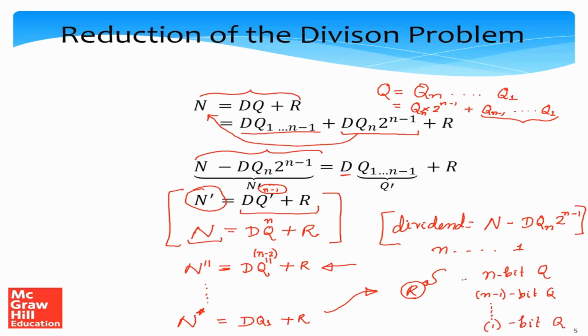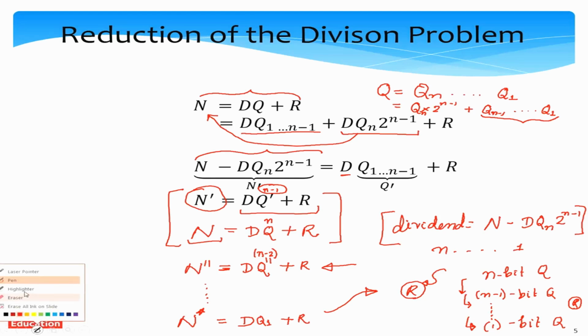So at every stage, we are making the problem slightly smaller and slightly simpler. Till at the end, we need to compute a single bit, and finally, we'll be left with the remainder. So this sounds like a good plan. It is just that the secret sauce is missing.